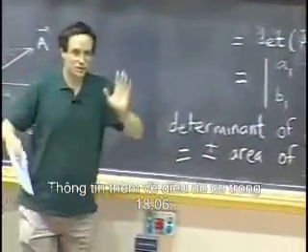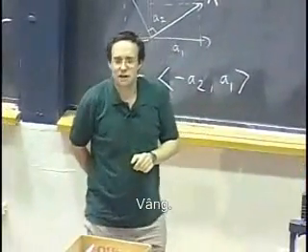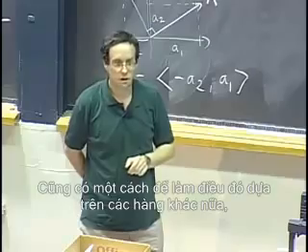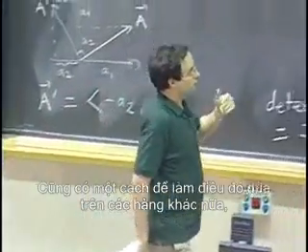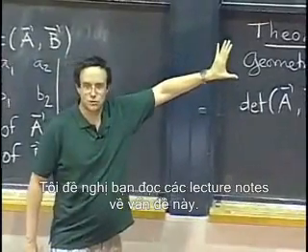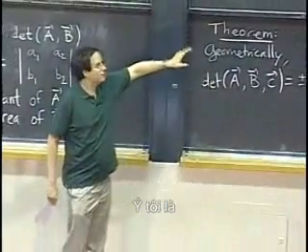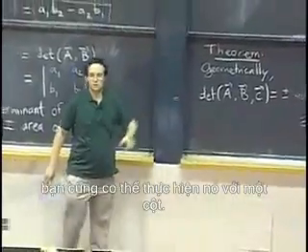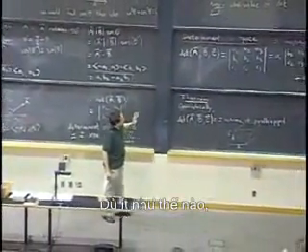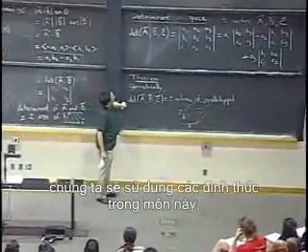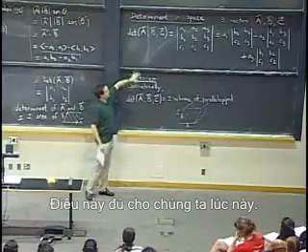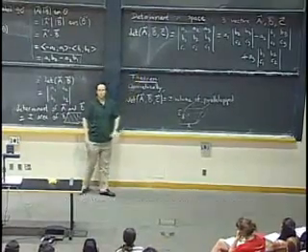More about that in 1806. Yes? There's a way to do it based on other rows as well, but then you have to be very careful with the sign factors. So I'll refer you to the notes for that. You could also do it with a column, by the way. Just be careful about the sign rules. So given how little we'll use determinants in this class, we'll use them in a way that's fundamental, but we won't compute much. So let's say this is going to be enough for us for now.